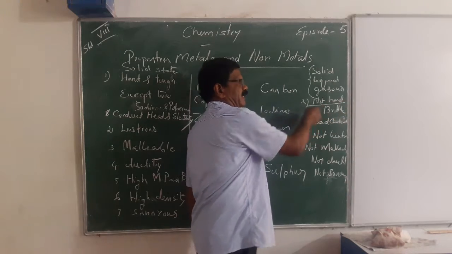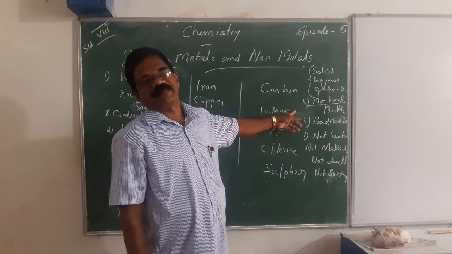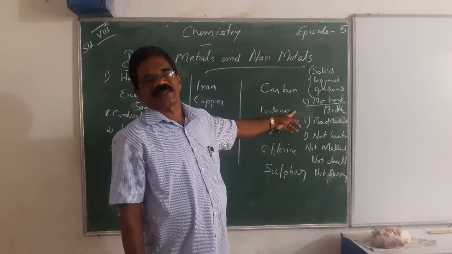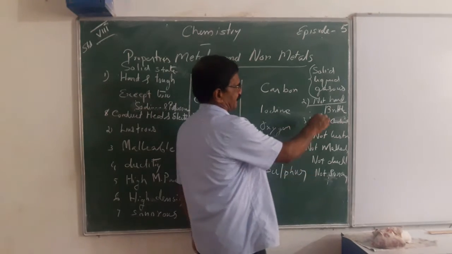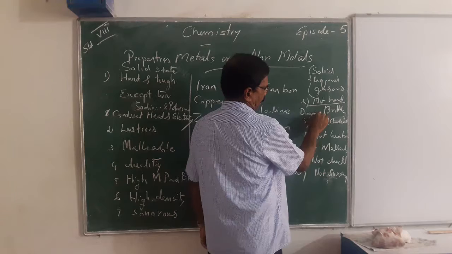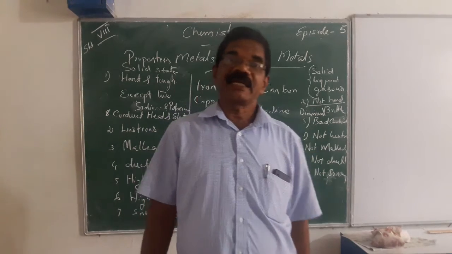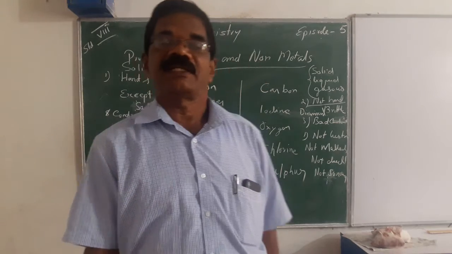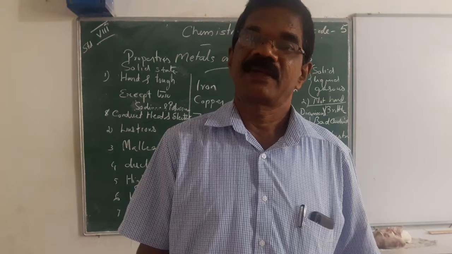Here also there is an exception. All the non-metals are not hard, but the only one, diamond. Diamond is the hardest material found in the universe. Do you know what diamond is?